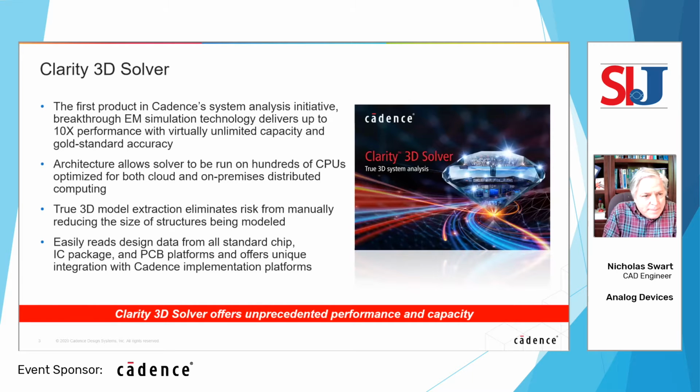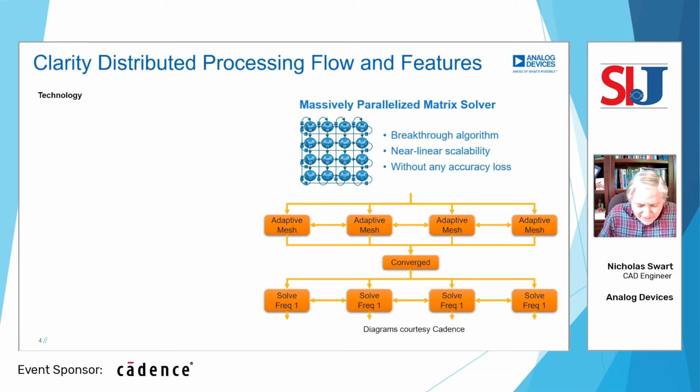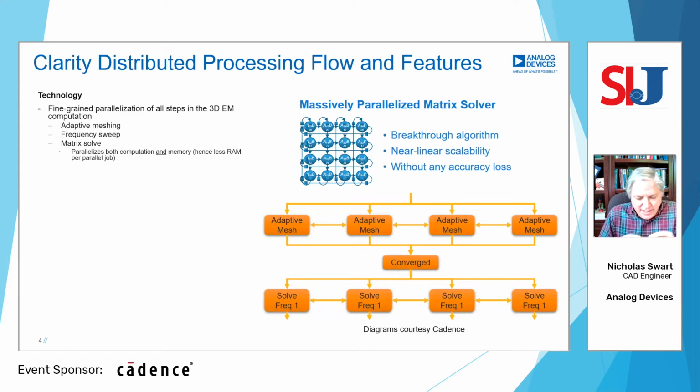Okay. So what is the core technology in Clarity? There's some diagrams on the right there, which pictorially show a little bit about it, but let me explain it in words. Clarity has a fine-grained parallelization algorithm that can take a large 3D EM computation and take all the steps in that electromagnetic computation.